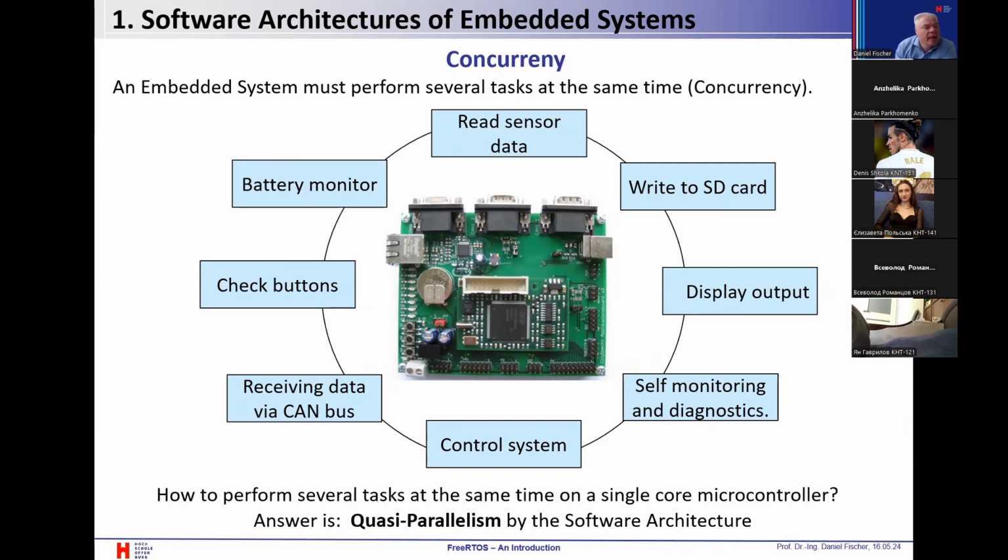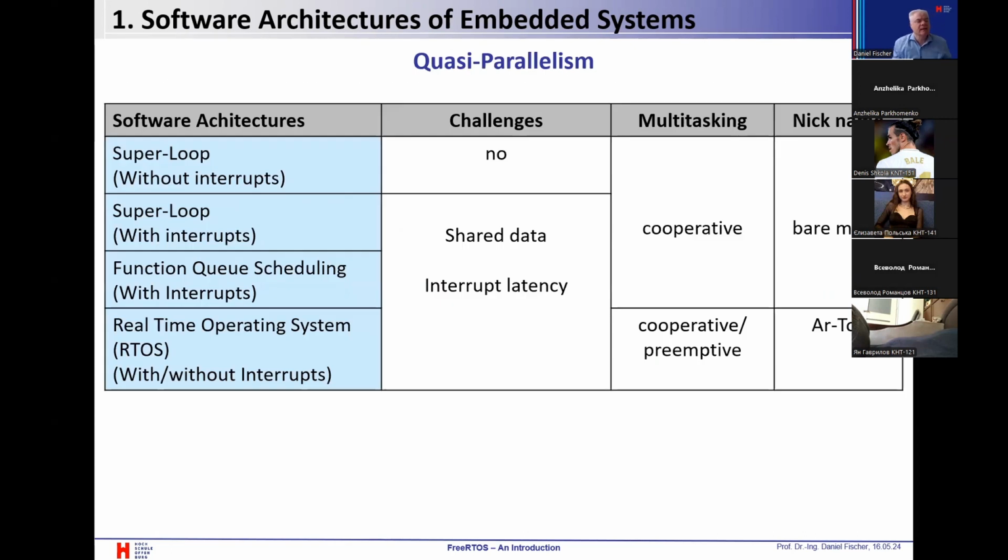I show you the possibilities. There are four different kinds of software architecture, and with these architectures you can implement quasi-parallelism.